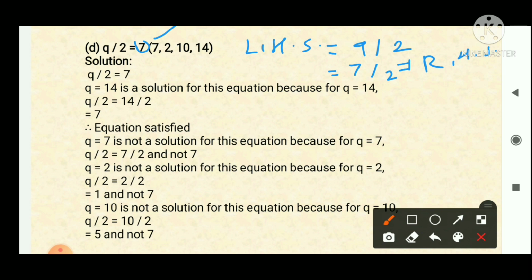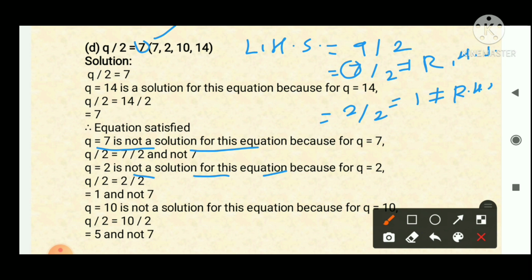It means if we take the value of q is equal to 7, the equation is not satisfied. So q is equal to 7 is not a solution for this equation. Now we will put the value of q is equal to 2. So 2 upon 2 is equal to 1, which is not equal to the right hand side. So q is equal to 2 is not a solution for this equation.